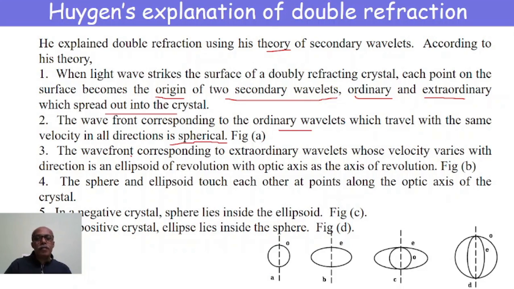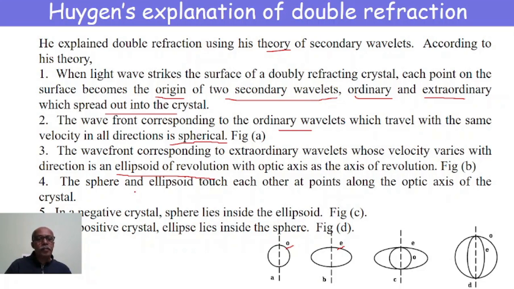And as the extraordinary wavelets travel with different speeds in different directions, the wavefront corresponding to the extraordinary wavelet is an ellipsoid of revolution, as shown in figure B. The first one corresponds to ordinary, the second one to extraordinary.